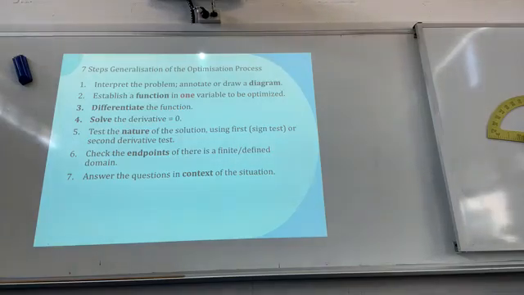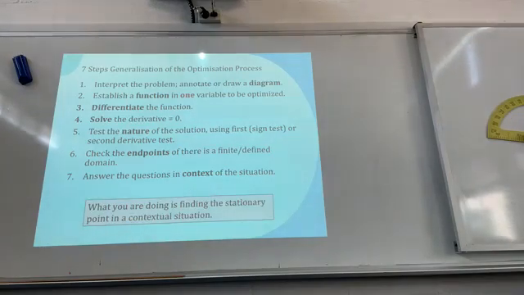Not two, not three variables, just one. Differentiate the function, solve the derivative equal to 0. Then determine the nature of the solution, using the sign test or second derivative test. All right? Then check the endpoints if there's a finite or defined domain. All right? And then answer the question in context of the situation.